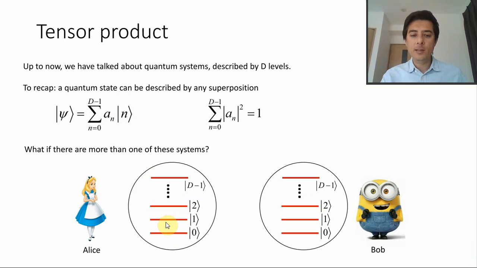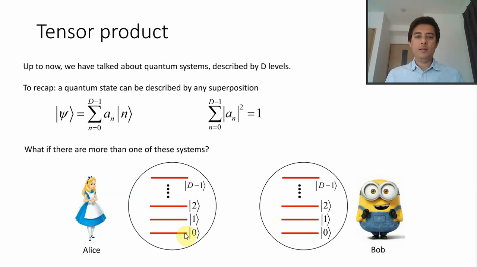For example, these levels here, I've drawn a bit like an atom. So these could be energy levels of an atom, but they could be pretty much anything where the states are distinct. These could also be positions of some particle in distinct places, say a particle in a box that is in one of the boxes.